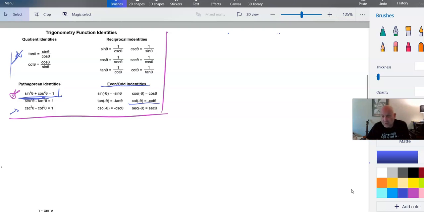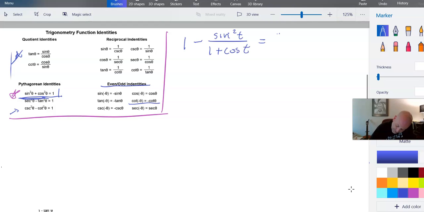Okay, so I want to look at the toughest one at this point. This one is going to take a little bit of room. So I have 1 minus sine squared t over 1 plus cosine t is equal to cosine t.